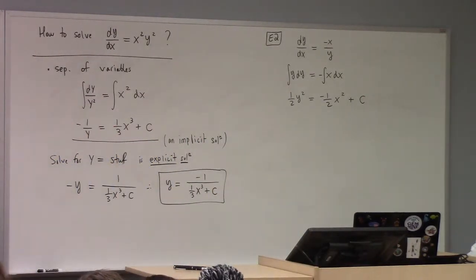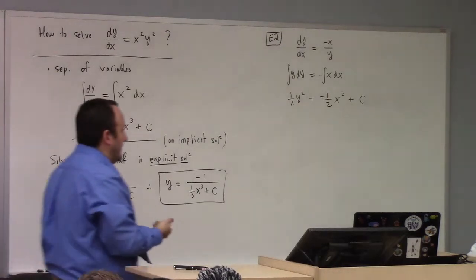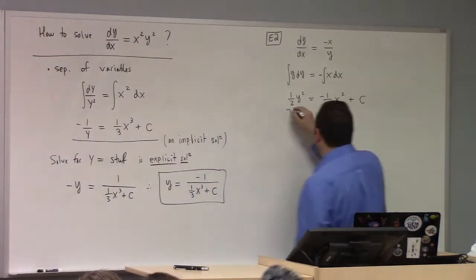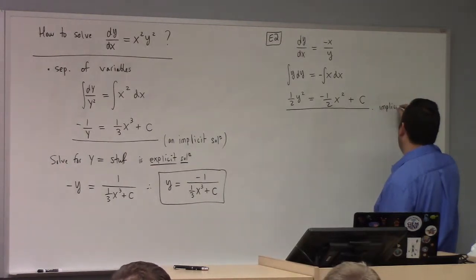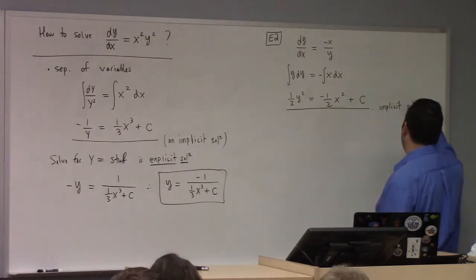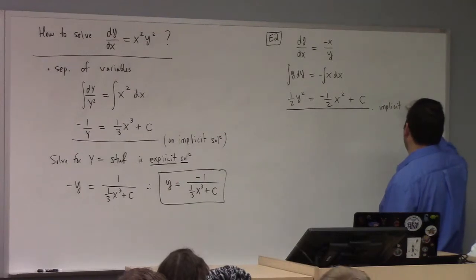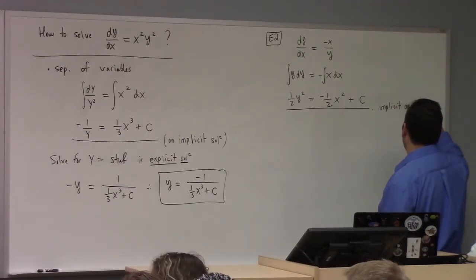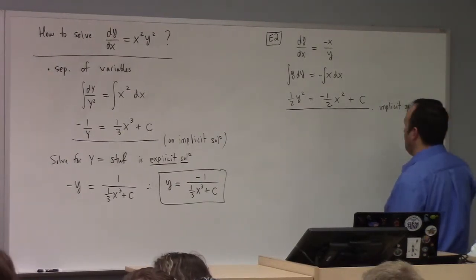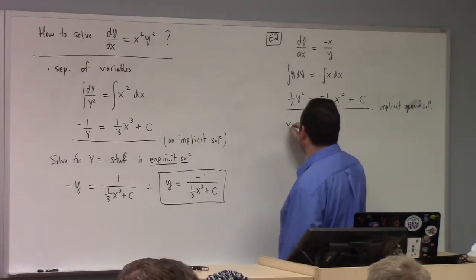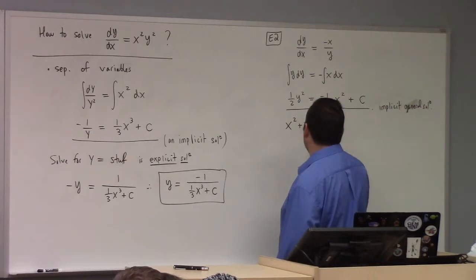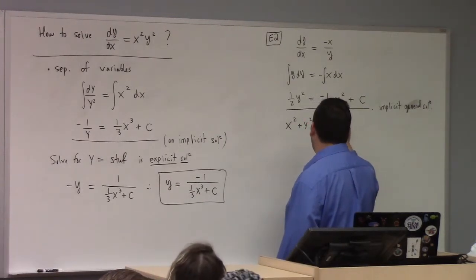I recommend that we rewrite our general solution. I mean, already you could say, okay, great, I'm done. Implicit general solution, hooray, done. But I think we can do better here because I'd like for us to recognize what we're looking at. I can rewrite this as x squared plus y squared equals 2c.